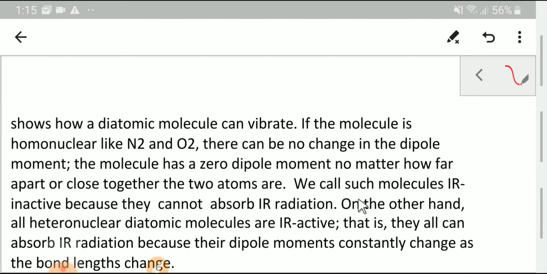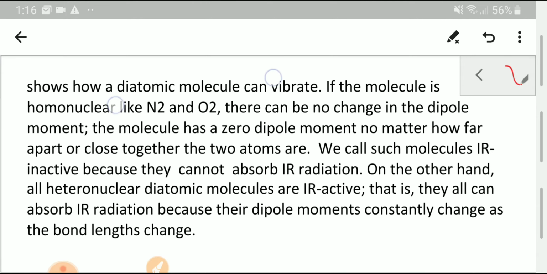We call such molecules IR inactive because they cannot absorb IR radiation. On the other hand, all heteronuclear diatomic molecules like carbon monoxide are IR active. That is, they can all absorb IR radiation because their dipole moment constantly changes as the bond length changes.